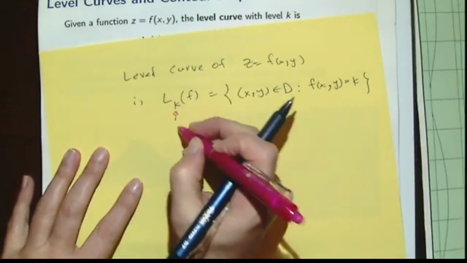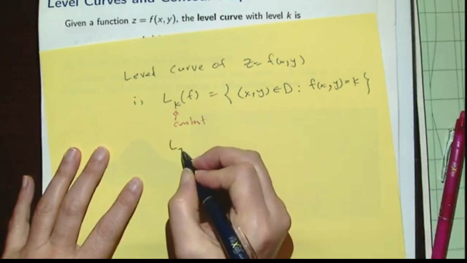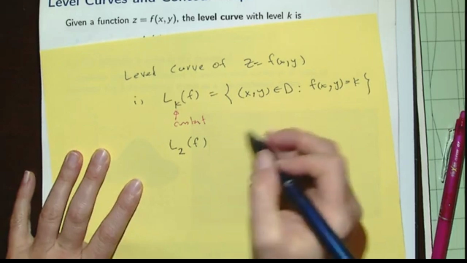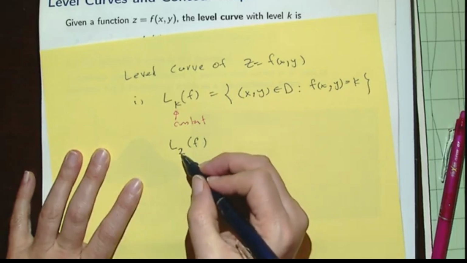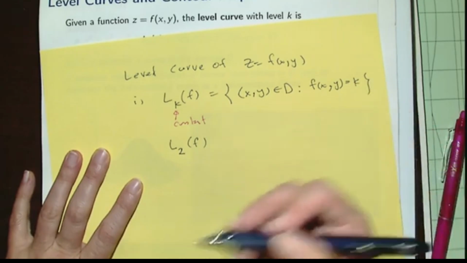This is a constant. So you may say like L2 of f. That is basically you're plugging in k for z, z equal to 2.